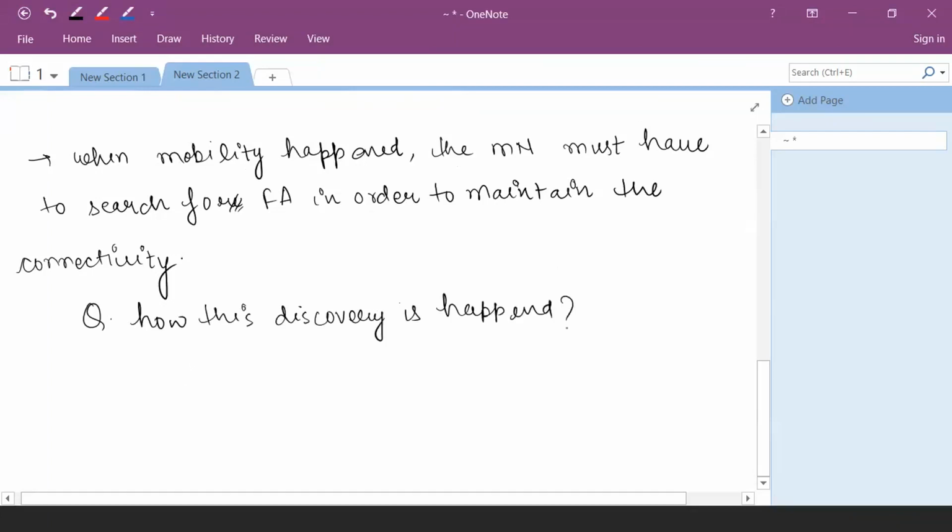This process can be like, if you are moving in a train and your signal strength drops, then your mobile node is searching for a connection. There are a lot of options like Airtel, Vodafone and so on. So there are so many service providers and the listing is done by your mobile node.